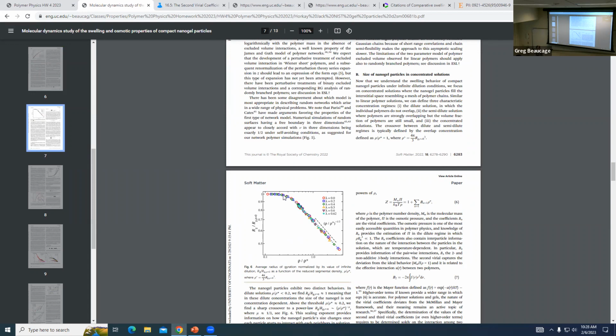So it goes to power -3, and the C star would be kind of here where it goes flat. Below that, you can't dilute it anymore, so they're just floating around. They have the same size, no matter how much you dilute it, right? But that doesn't happen where this is 1. It happens way down here. The reason for that is that this rho star, I think, is calculated for the monomers or something.